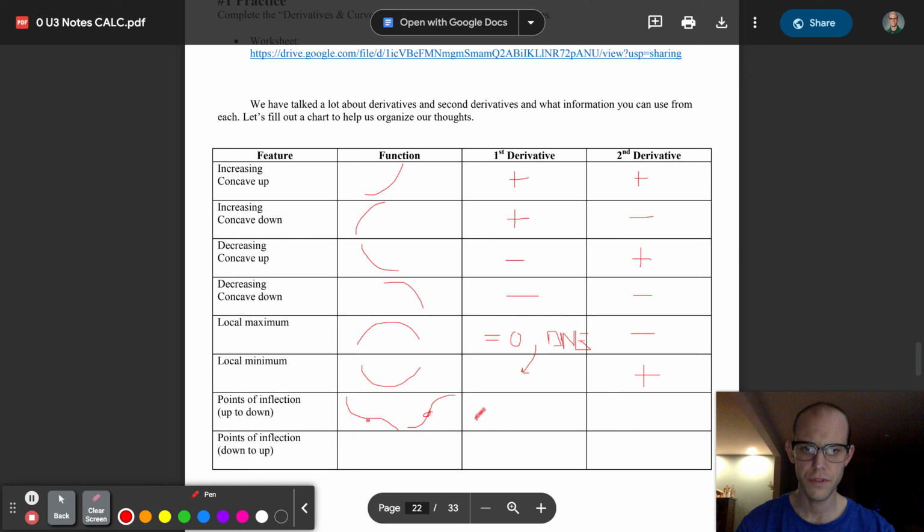The first derivative is going to be equal to 0 or undefined again at those locations. You can see there's a slope of 0, or this would be a vertical tangent, which would mean a slope that's undefined. And the second derivative would be equal to 0 or undefined at those points as well.